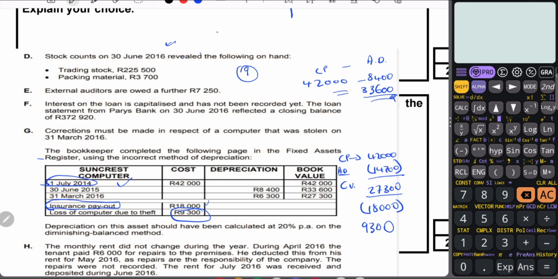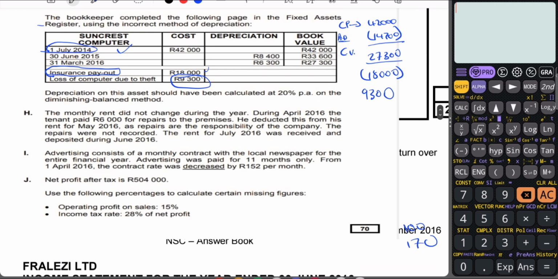now. And remember, our depreciation was 5,040. Then now this is the correct calculation. It's going to be cost price, 42,000, minus the accumulated. Now the accumulated is going to be 8,400. Remember, this one is no longer 6,300 because it's the wrong one. Ours was 5,040. 5,040 is the correct one.